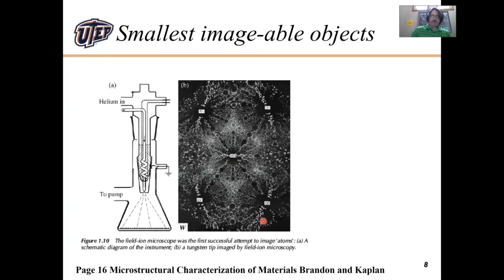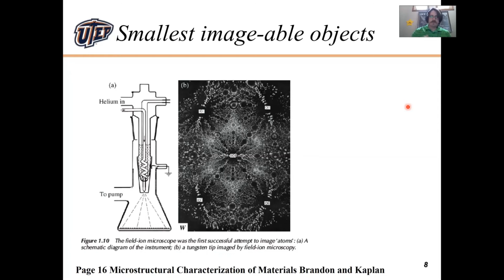The smallest imageable objects. This is really cool. I'm always really fascinated. If you have gotten a hold of the book, check out page 16. I'm always extremely fascinated with the history of how the instruments we use as material scientists and engineers were developed.